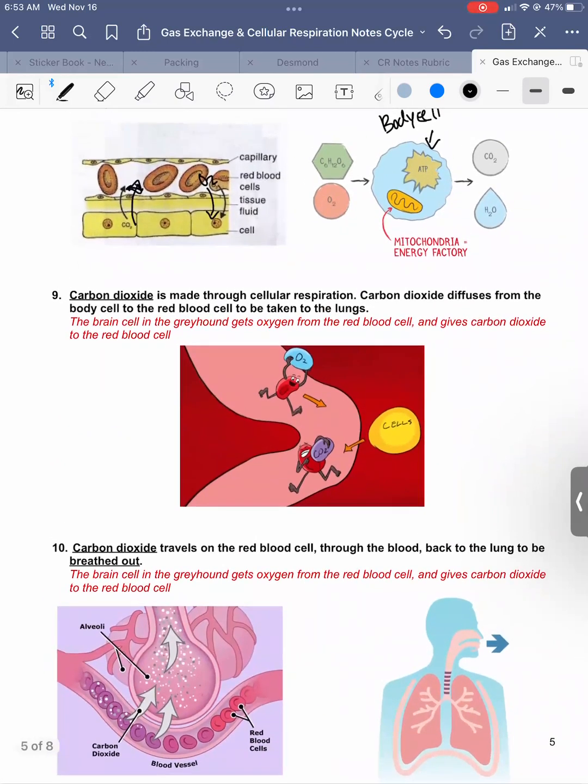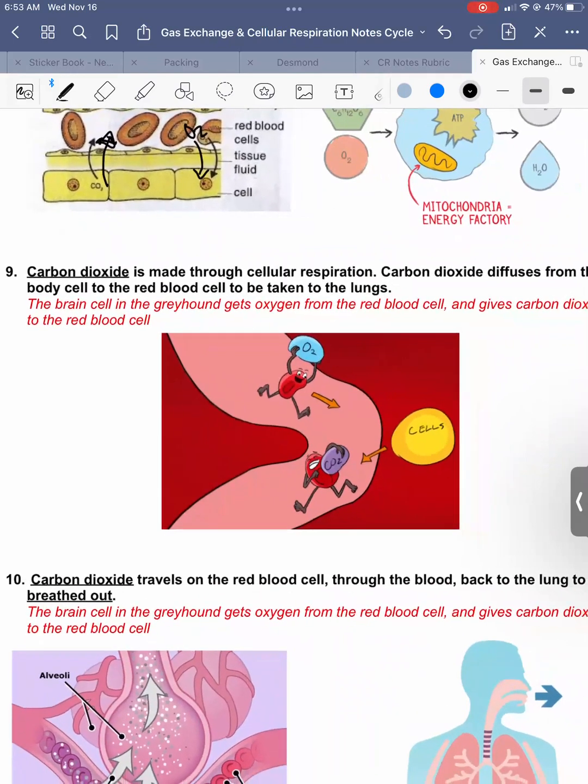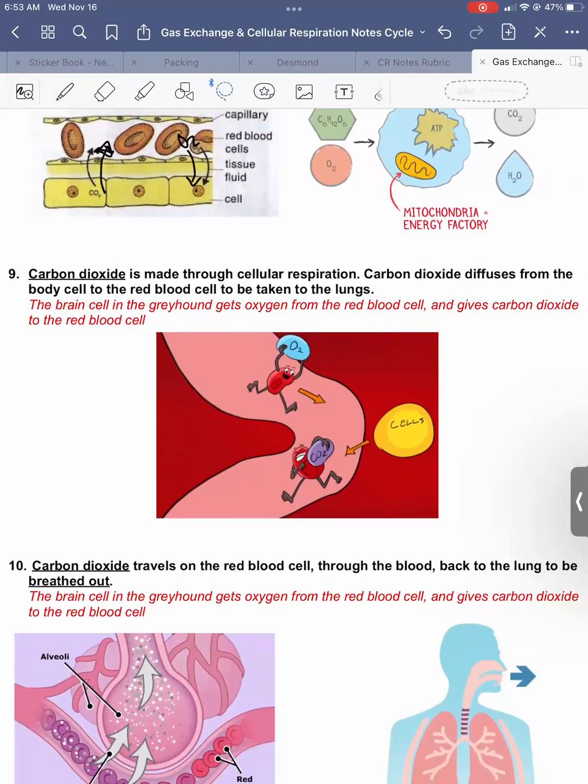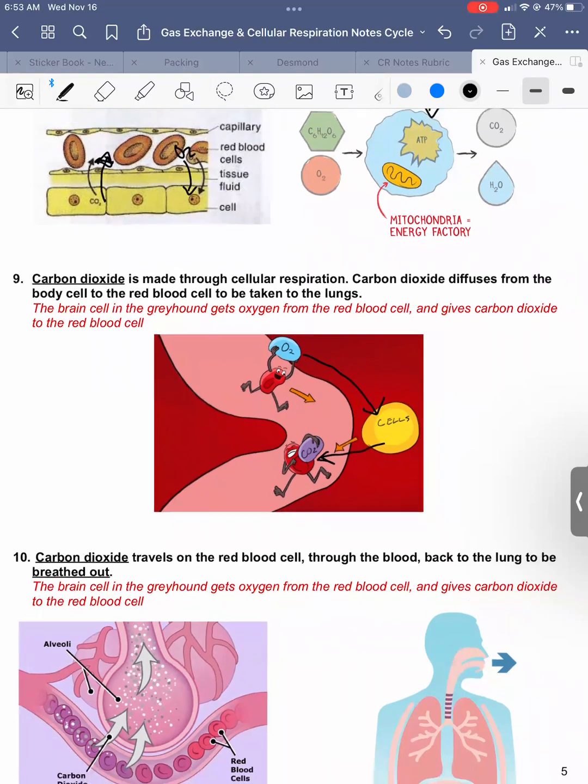Right? And let's go all the way back through. It's kind of like the same process as oxygen. I like this little cartoon showing that we have our red blood cells carrying oxygen to our cells, and that our cells are giving up CO2, and those red blood cells are going to take those back to the heart, back to the lungs to be breathed out.